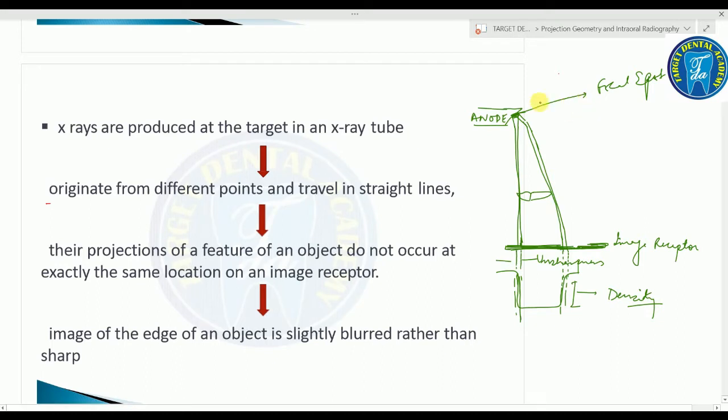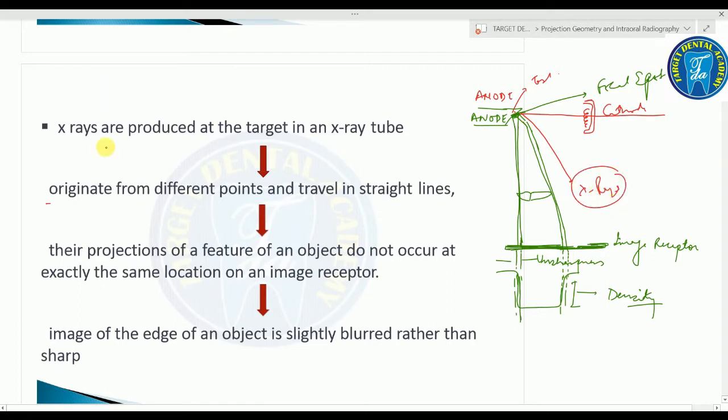As you all know, this is the anode, and there is a filament, a focusing cup and a cathode. The electrons move from the cathode to the anode at a target point, and there the electron energy gets converted into X-rays, as we have already discussed in our previous lectures.